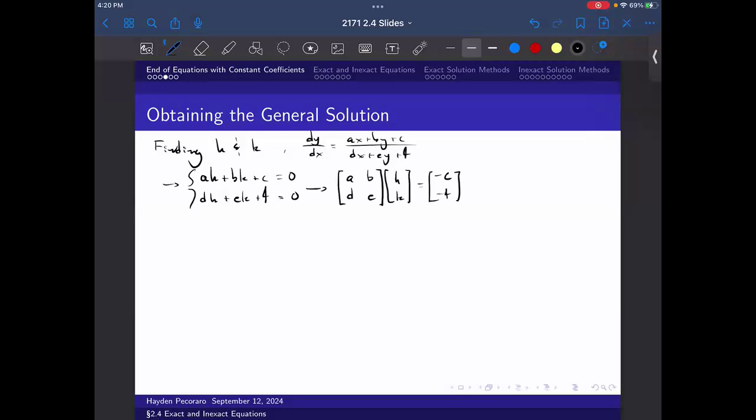For inverting a matrix, think of an equation of the form 3x = 2. How do you solve this for x? You divide by 3, right? You can also think of that as multiplying by the inverse of 3. And that's what we're going to do here.